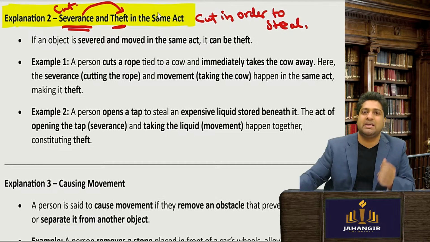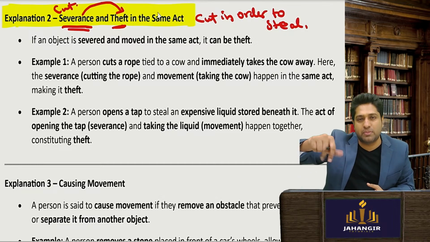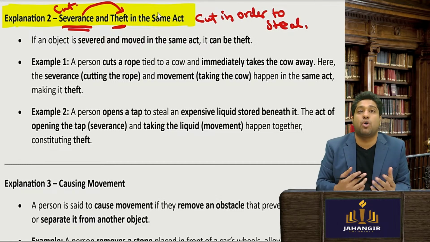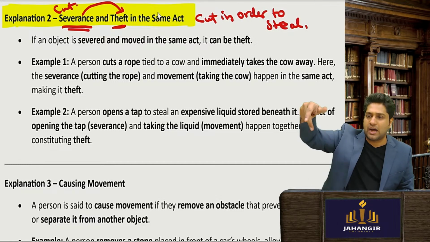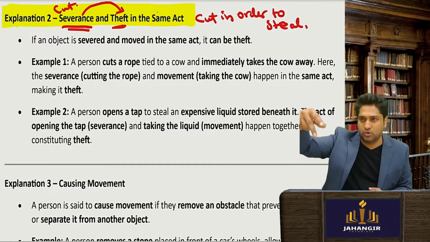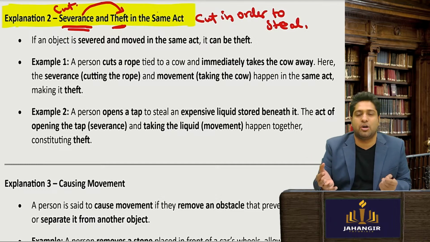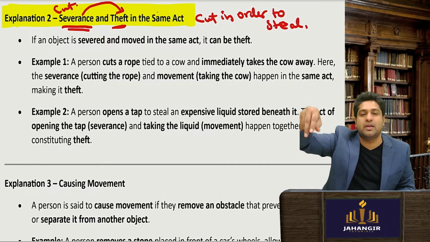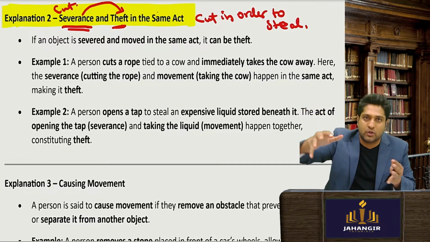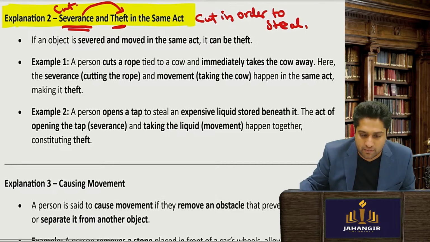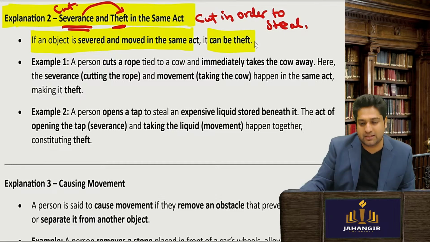Now even severing means a certain kind of movement is needed to take it away. For example, if I am trying to steal water, I will open the tap. Maybe if there is oil, you'll open the tap, get the oil in your buckets and run. So that aspect of severing, of moving, is required to actually steal the real article. If an object is severed and moved in the same act, it is said to be theft.